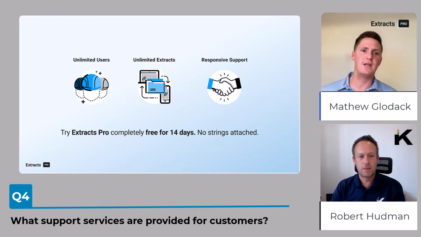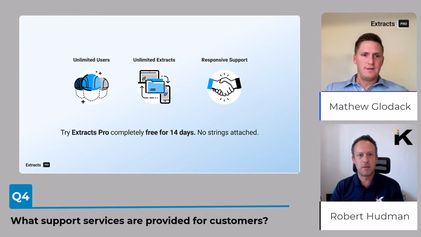Then it's pretty turnkey: just add as many users as you want and license the projects you need access to. If we need support while using Extracts Pro, how does that work? The current way is email via support@trailbee.tech.